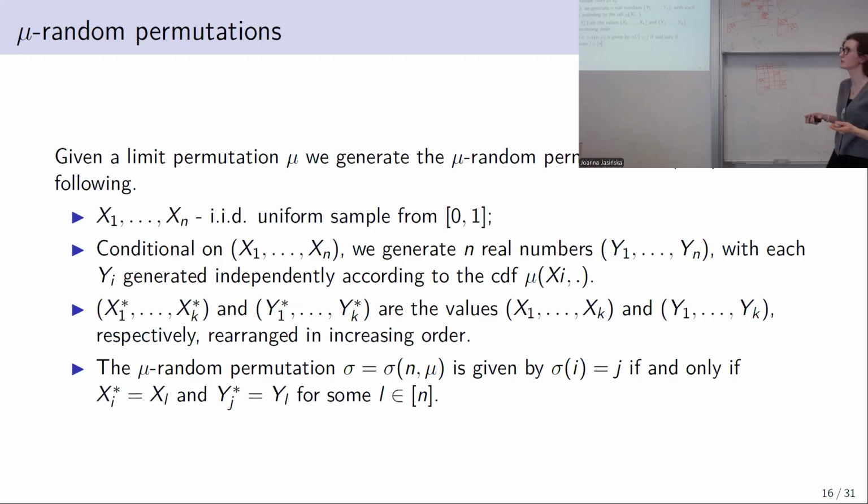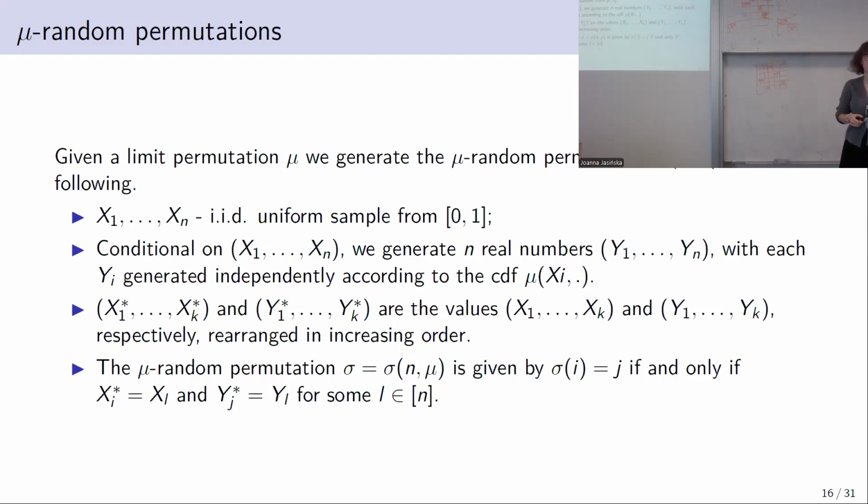The formal definition is that I draw points uniformly from [0,1]. Then conditional on them, I generate the y coordinates. I put them in order, and the new random permutation is given by sigma of i equals j if and only if x_i star and y_j star, the elements of those ordered tuples, give me a point. I think this is a terrible way of speaking about it.